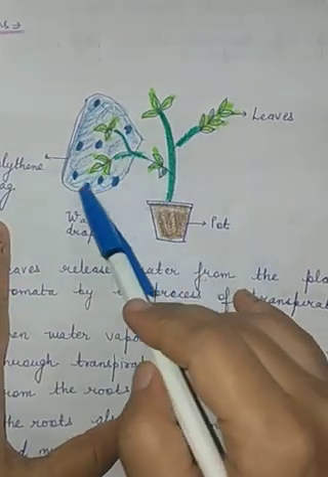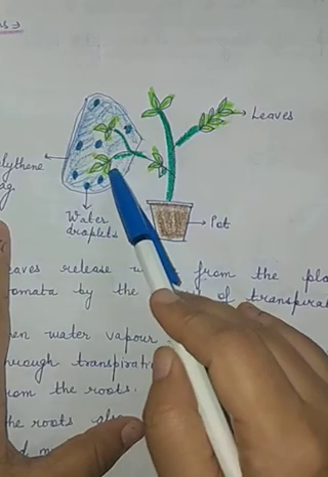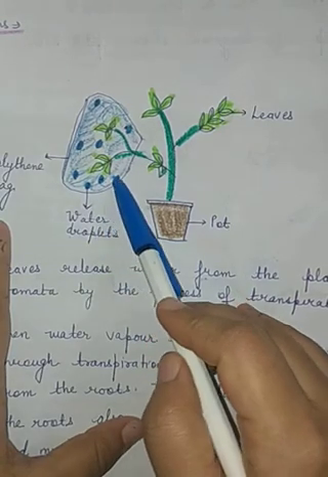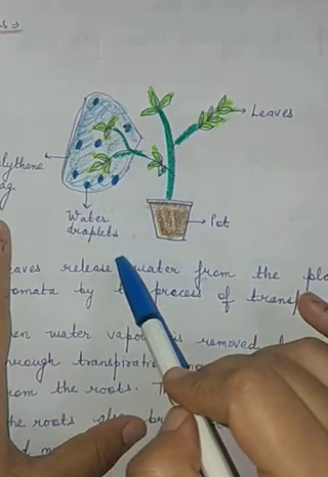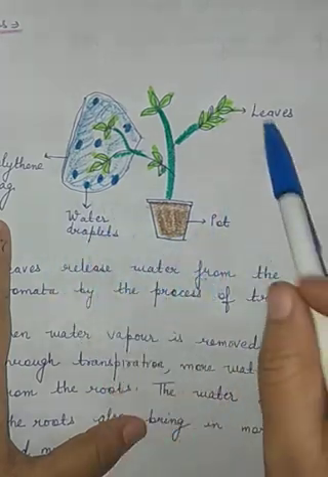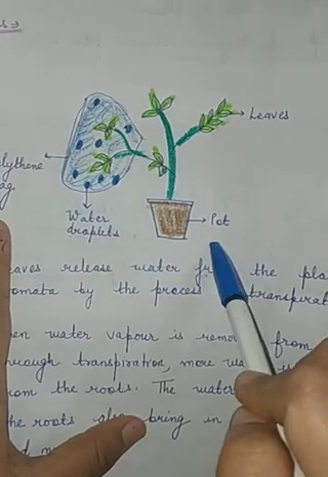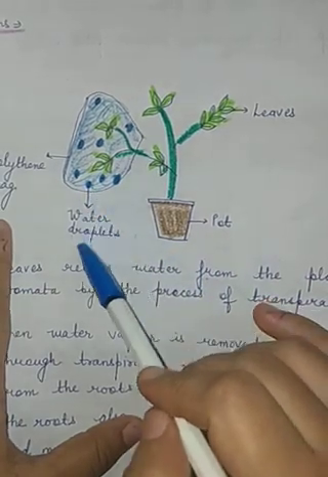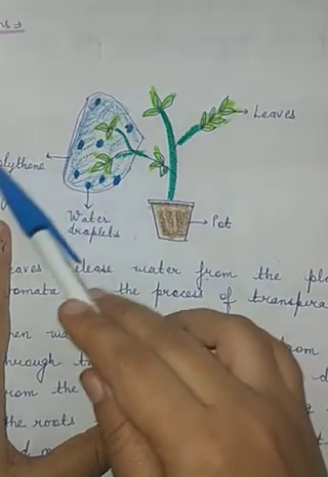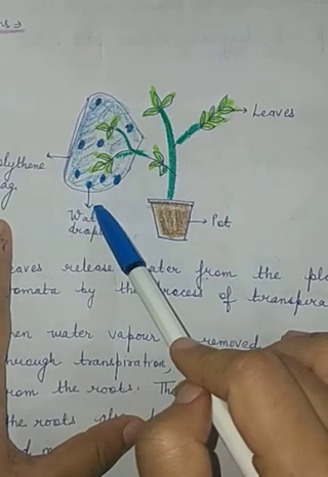The water droplets are shown in blue color. Why are these water droplets there? This is due to transpiration, because the droplets are in the form of water vapor. So they have demonstrated the process of transpiration, that there is a loss of water, using a polythene bag.